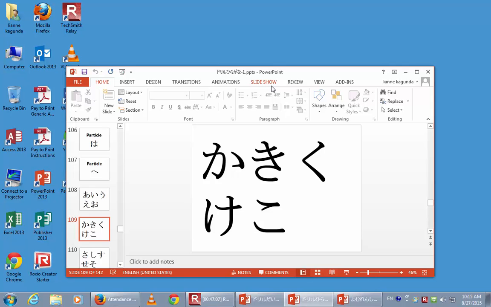This ryu is like exchange or study abroad. Ryugaku. So ryugakusei is foreign student, exchange student, international student, study abroad student, however you want to translate it.